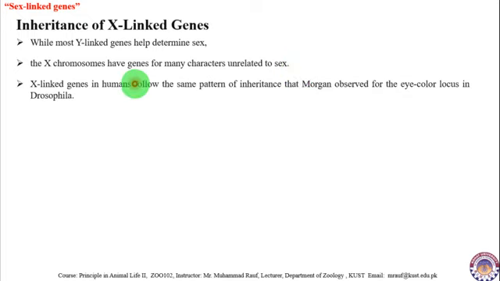X-linked genes in humans follow the same pattern of inheritance that Morgan observed for the eye color locus in Drosophila, means females have two X chromosomes, males have only one X chromosome.